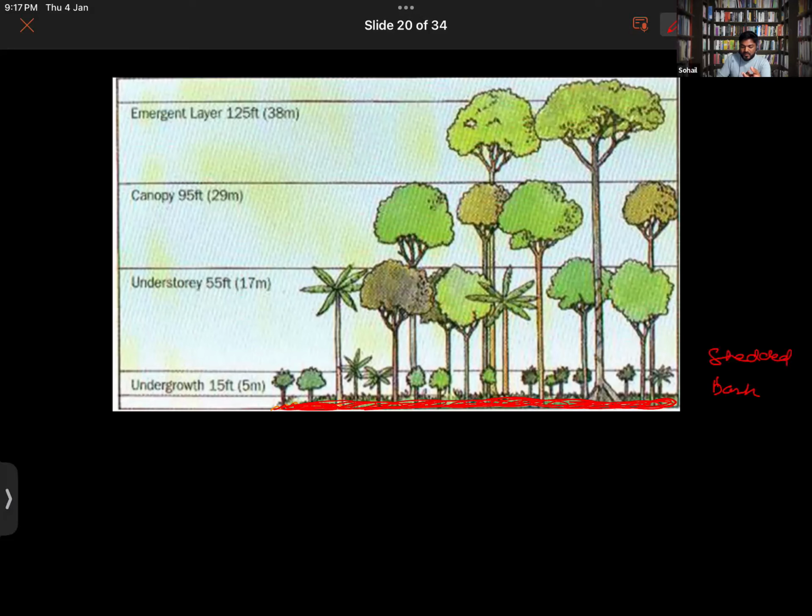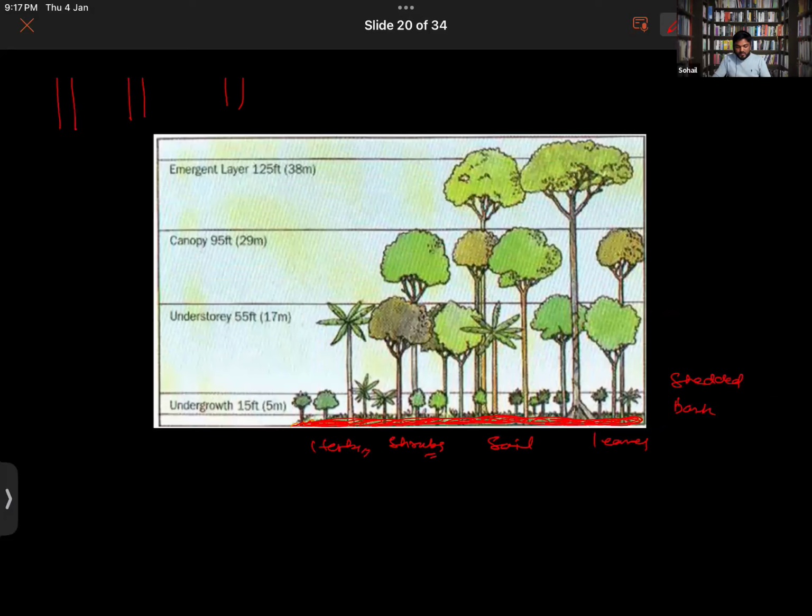Shredded bark, shredded leaves, soil, some type of shrubs and herbs will also be found here. So that comprises the forest floor. Getting it or not?